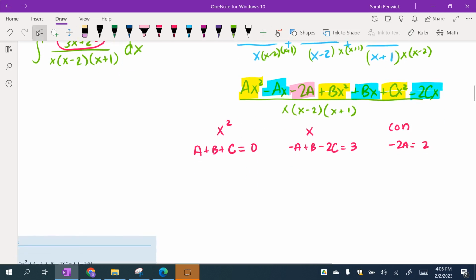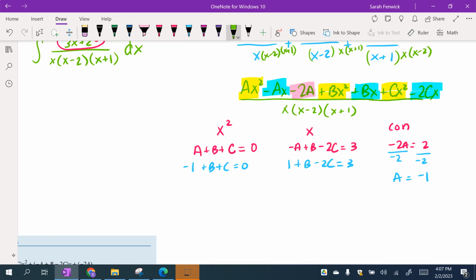Now, there's lots of ways to work this out. You just have to take your time. We're going to start on the simple one here. a equals negative 1. So that means I can put right here negative 1 plus b plus c equals 0. And here I can put positive 1 because that's negative 1 plus b minus 2c equals 3. The easier of the two problems looks to me to be the first one.